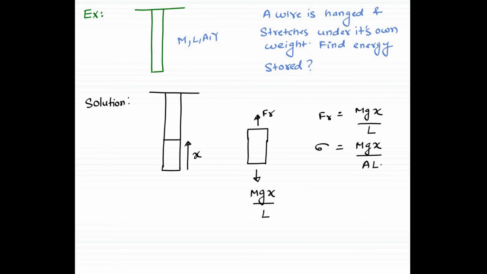If that is the stress, and I take a small segment here of length dx, in that small segment the restoring force will almost remain the same, so stress will almost remain the same.